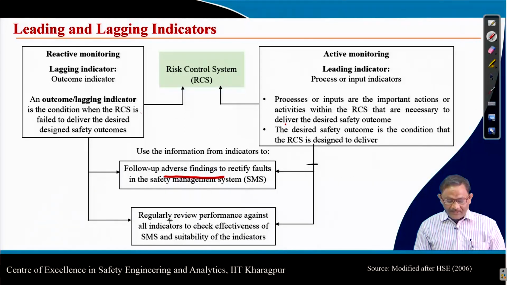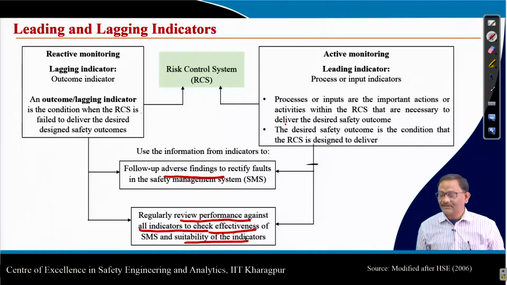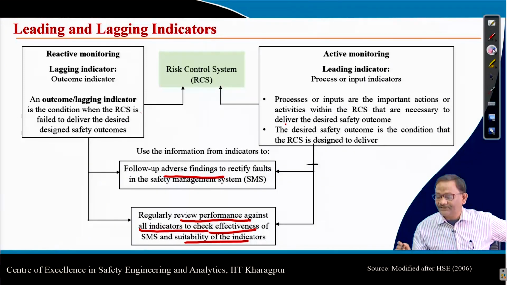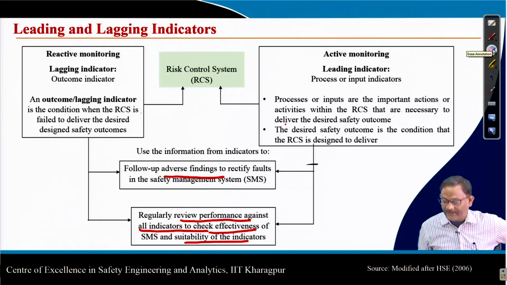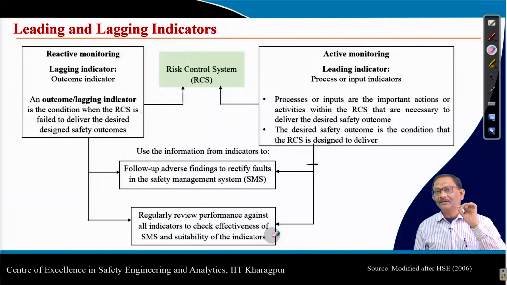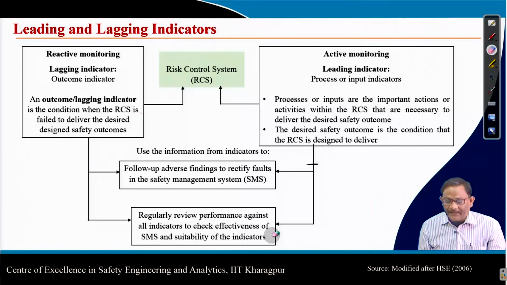Then regularly review performance against all indicators, and check the effectiveness and suitability of the indicators. When you start developing the leading and lagging indicators for the RCS, it is a huge task. It is not at all easy. It is easy to tell, the way I am telling, but it is extremely difficult to find the adequate number of leading and lagging indicators, as well as the quality of each of the indicators. Only a team can develop this.